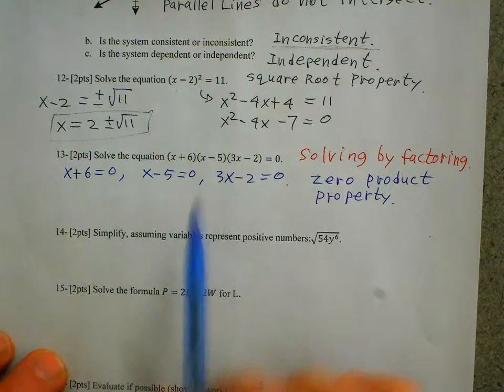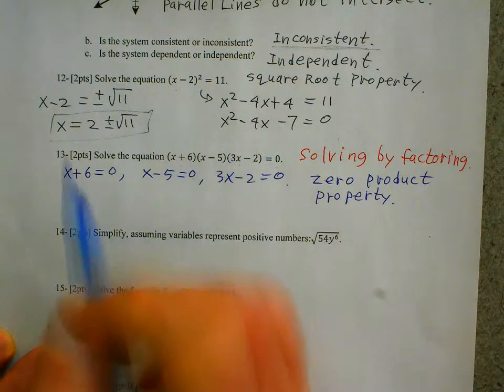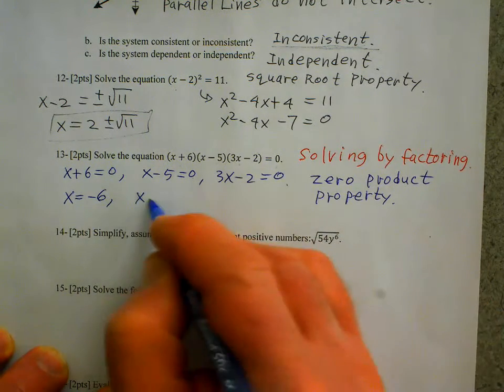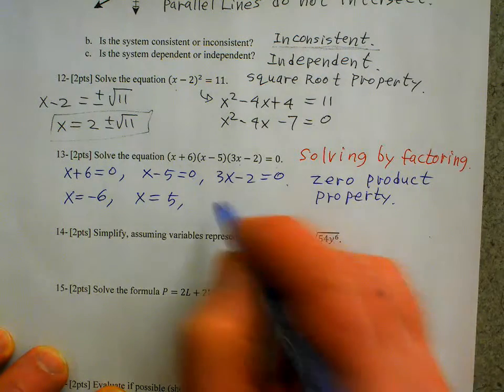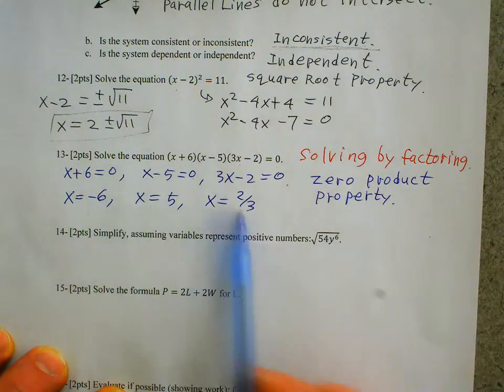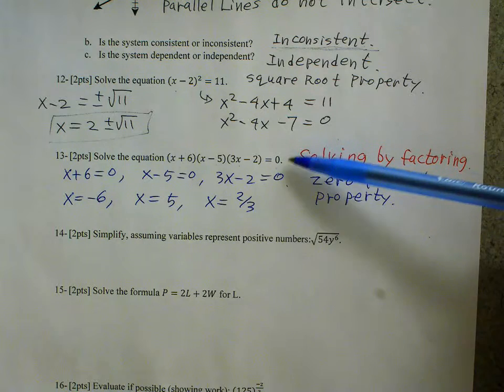So here we're just multiplying three numbers and the product is 0. So the possibilities, one of the numbers could be -6 or it could be +5. On this one, add 2 and divide by 3, x equals 2/3. So those are the three solutions. Those are the three numbers that give you a product of 0.